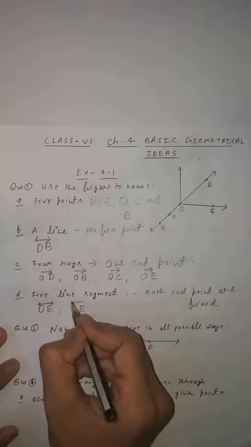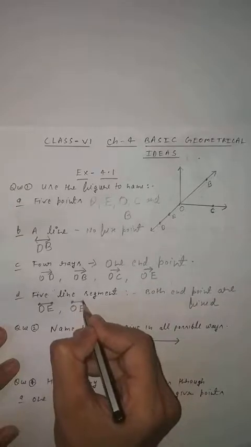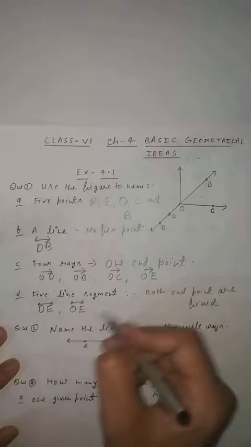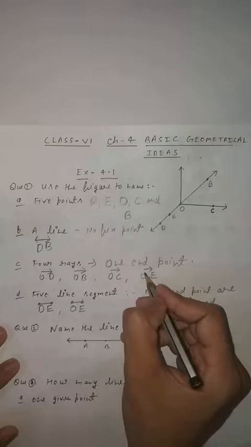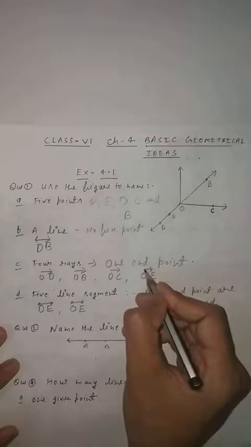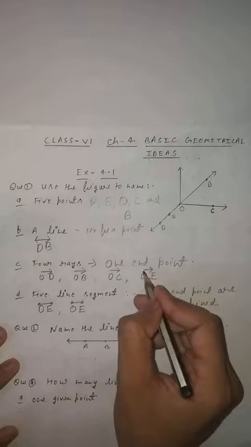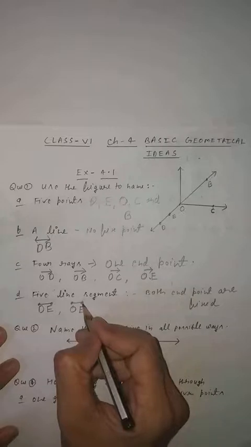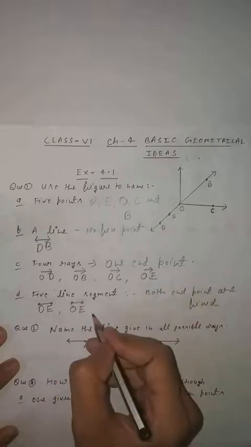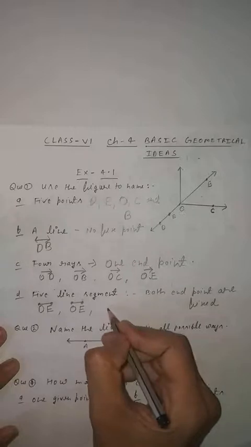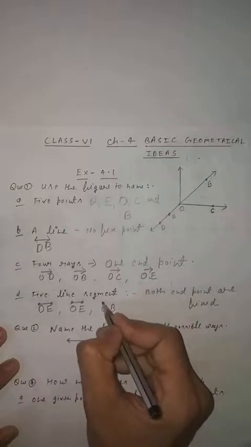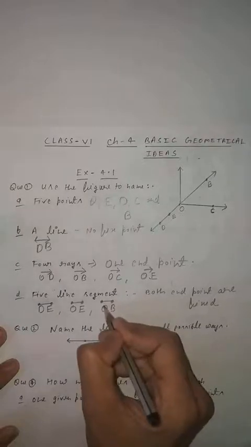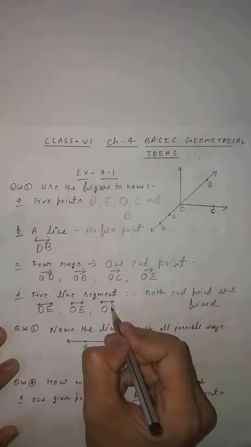Achha, one question I think you want to ask: OE is also a ray and OE is also a line segment. How can both be the same? So students, here I have written OE. What is the symbol? This symbol I am using is the symbol of a ray. But if you use this symbol, it is the symbol of a line segment. Clear students? So OE may be a ray and may be a line segment. Now next what you can write down? OB also. If you write it like this, both ends are fixed, so you can say this is a line segment.